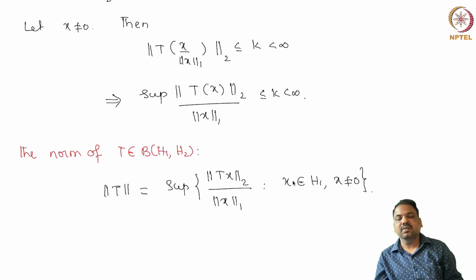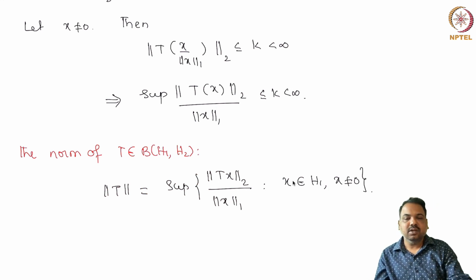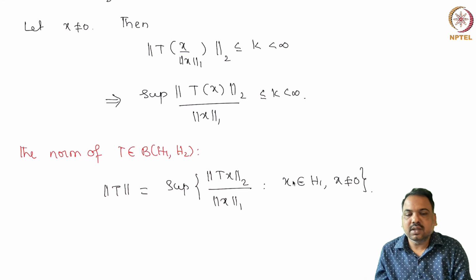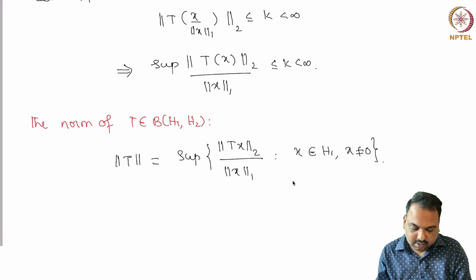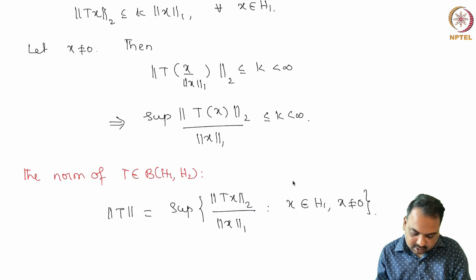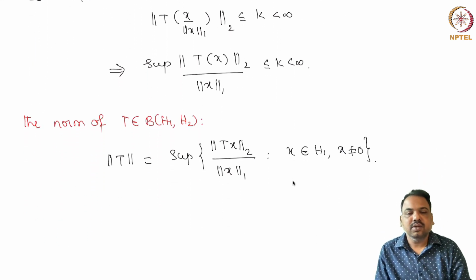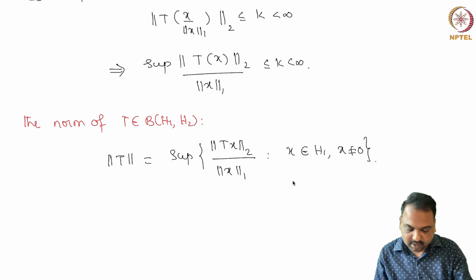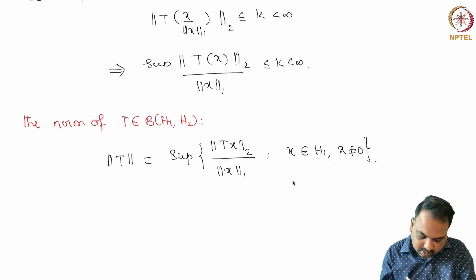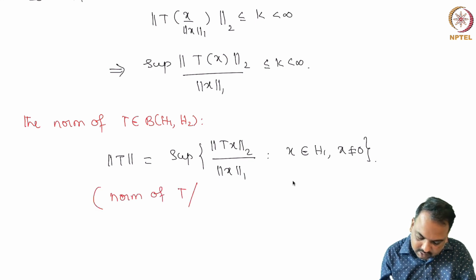Whenever x is 0, T of 0 is 0, and that quantity is anyway not larger than the supremum. So when T is bounded, this supremum of the norm of Tx by the norm of x is finite. That we call the norm of the operator, or the operator norm.